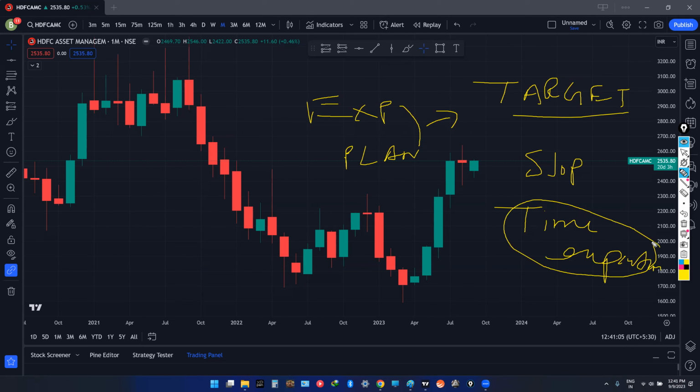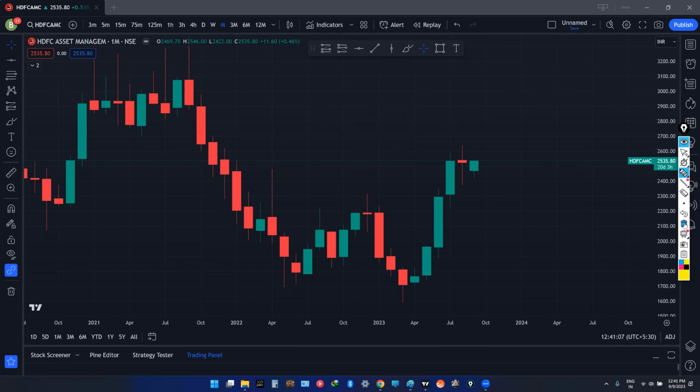In 1 day, in 1 year, or in 1 month, or eternity? What is your expectation? So if I am planning to trade or invest on monthly time frame, I have to automatically expect returns in monthly time frame only. It cannot happen that you plan your trade on monthly and the next day you expect a 10% rise. If you are lucky, it can happen for 1 day, but on a consistent basis, it will never happen.